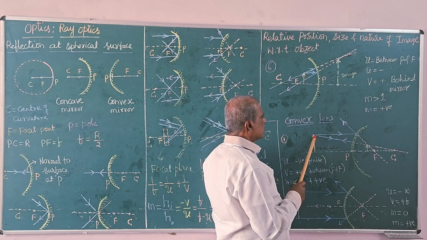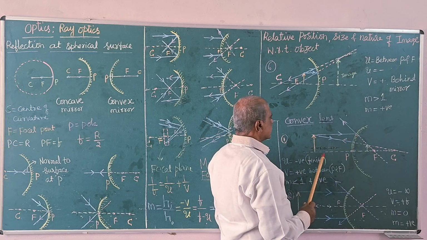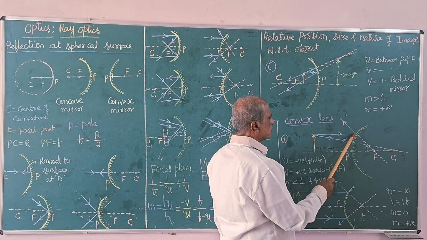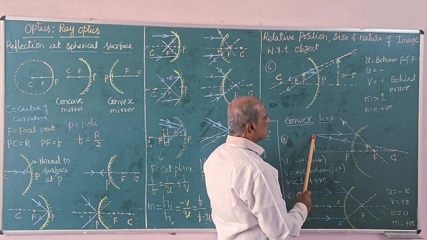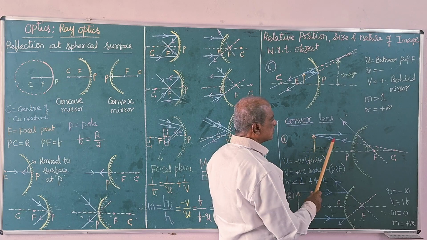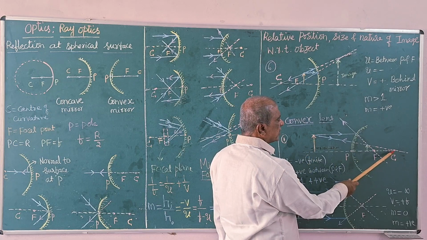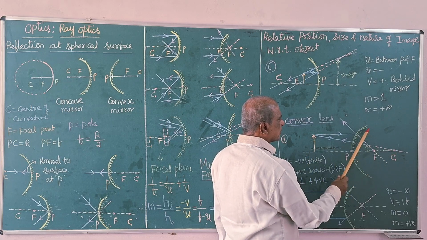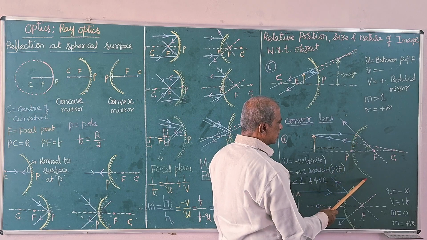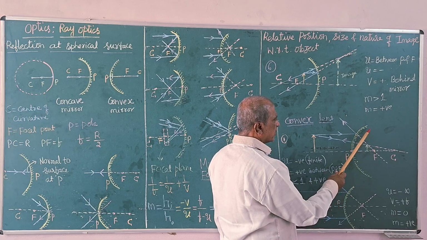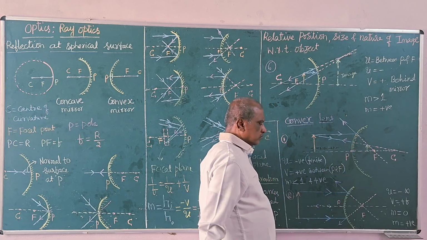I am taking one incident ray parallel to the principal axis. This is one. Another incident ray passing through the point C. This is the center of curvature of the convex mirror. This is the focal point of the convex mirror.